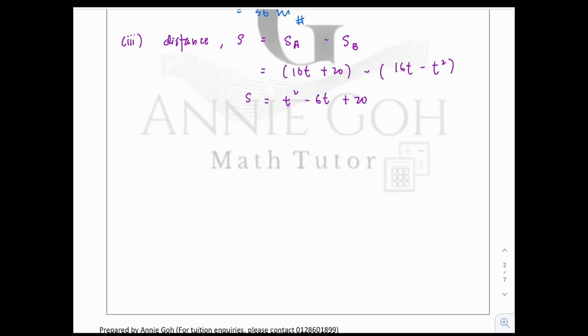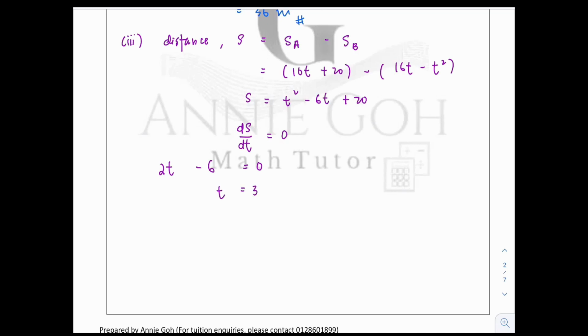So if we want this distance to be minimum, we just need to differentiate the distance and equate it to 0. Alright? So after differentiating, you get 2T minus 6 equals 0. And hence, T equals 3.